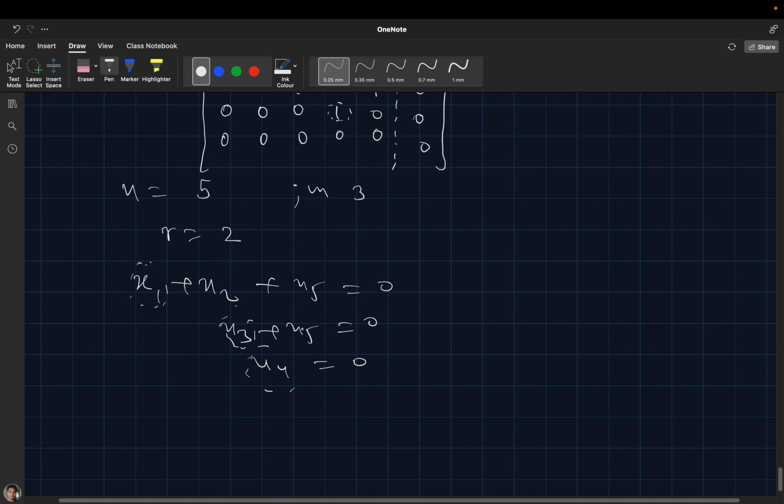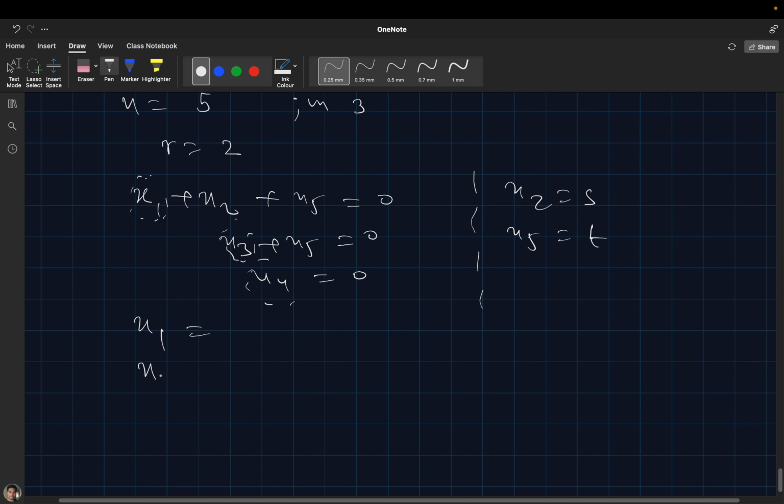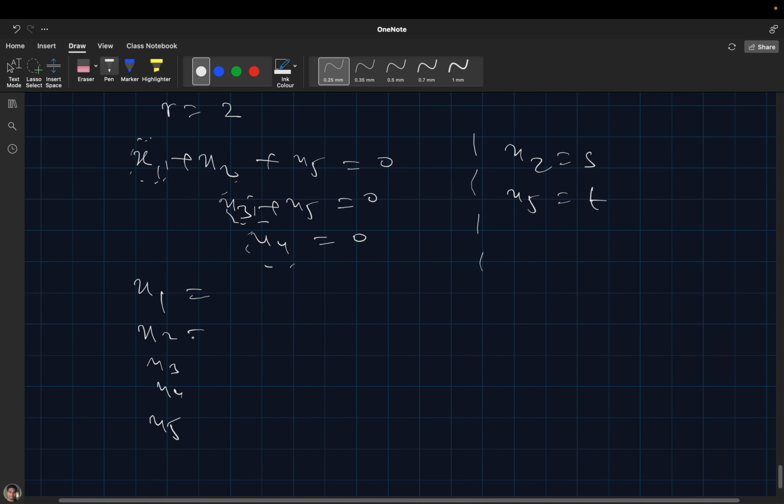Other variables you can write in another form, like suppose we take x2 equal to s and x5 equal to t. So what is x1, x2, x3, x4 and x5?